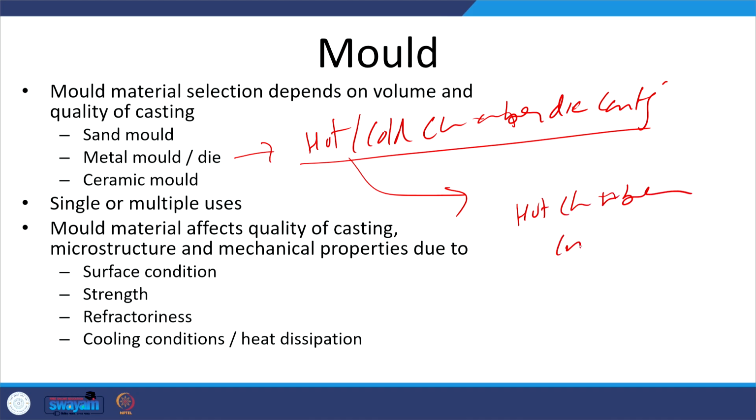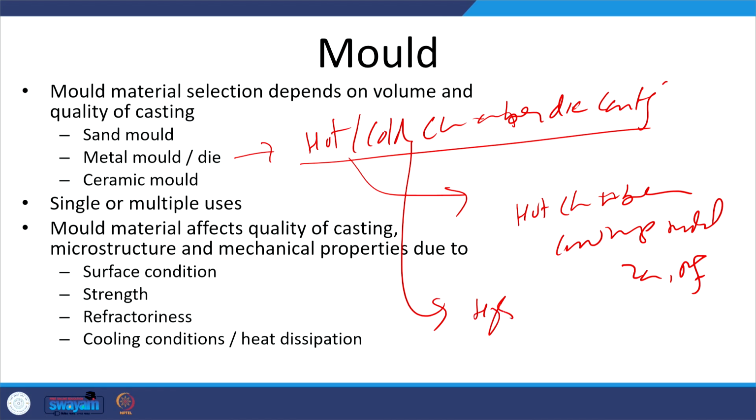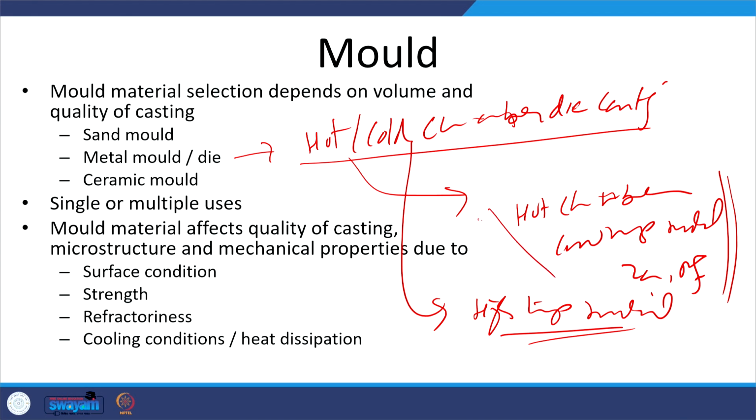This is particularly used for low melting point metals like zinc and magnesium. On the other hand, cold chamber die casting is when no external heating is done, so this is used for high temperature metals. There is no separate provision for heating the molten metal. So, hot chamber die casting allows a higher production rate as compared to cold chamber die casting.